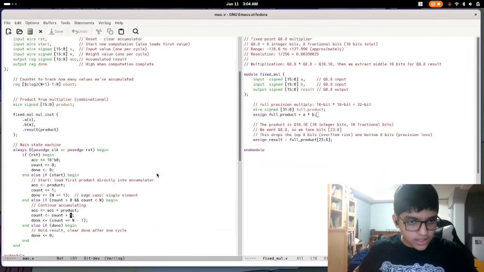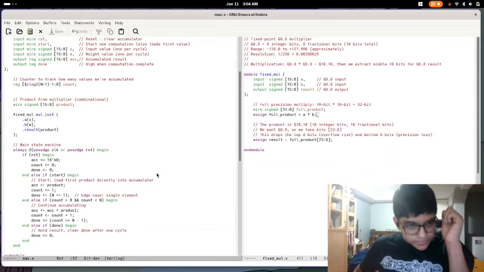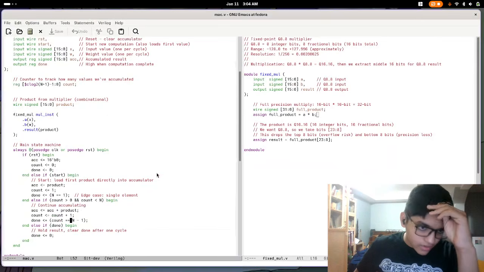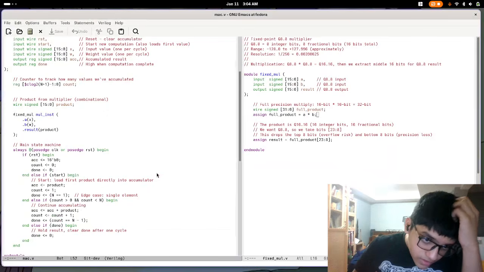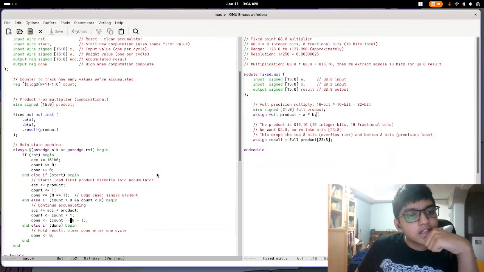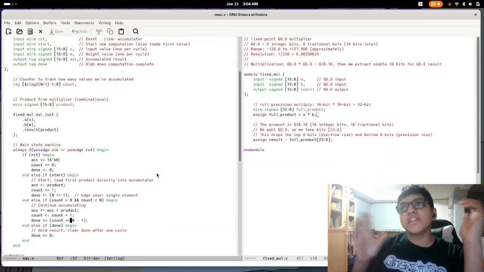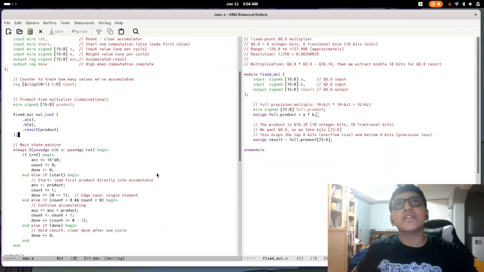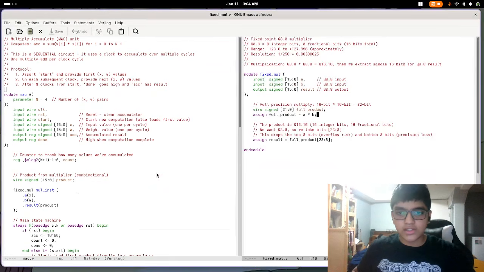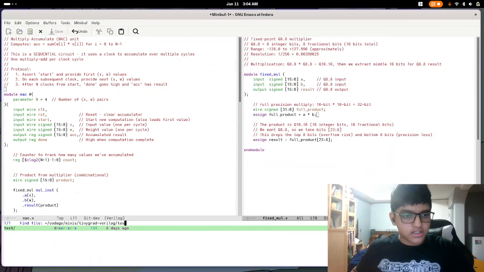So on every clock cycle, we are accumulating the product. And let's look at the test bench.